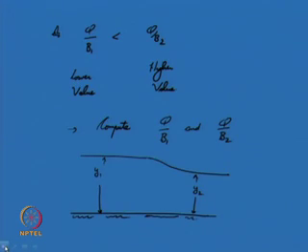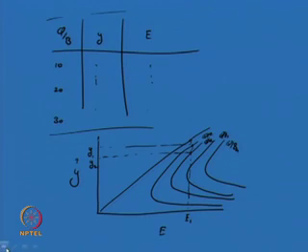So, in this case, what happens? Suppose the q by b at the downstream section, whichever curve is coming, if this was the curve, what happens then?